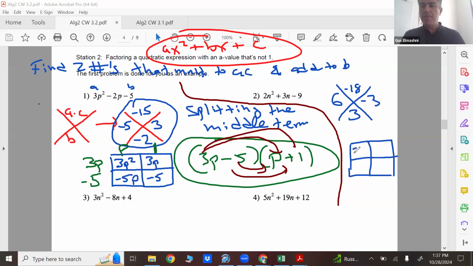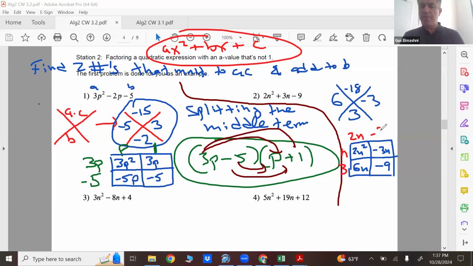Okay, 2n squared, -9. And you split the middle term, so 6n and -3n. Okay, I didn't leave myself much space here. What can I pull out of the first row? Just n, right? So this has to be 2n. Therefore, this has to be 3.